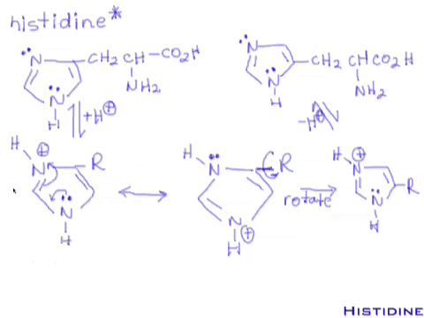This helps favor the protonation process and increases basicity, sufficient so that histidine is a basic amino acid. So for both arginine and histidine, we see resonance stabilization of an imine, increasing basicity, making our amino acid basic.